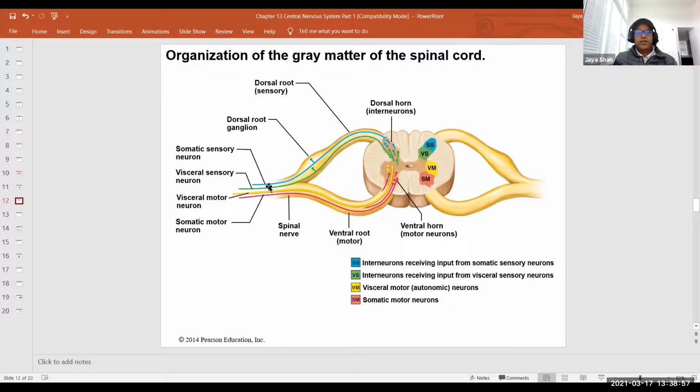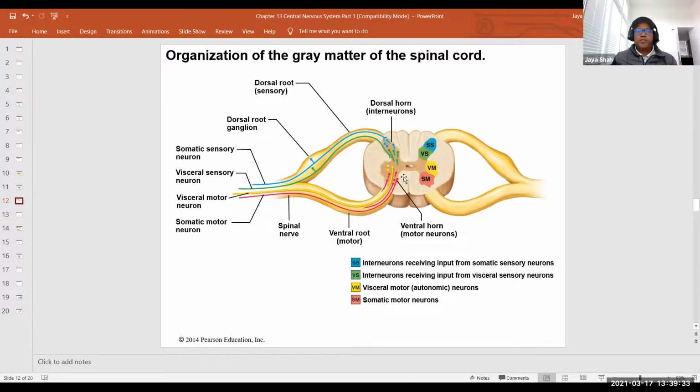Similarly, visceral sensory neurons bring sensation from the visceral organs, like your heart, your lungs, your urinary bladder. So they also come here, and their sensory neuron cell bodies are here, but it goes in this area, slightly medial. Okay. And then again, it goes to the brain.